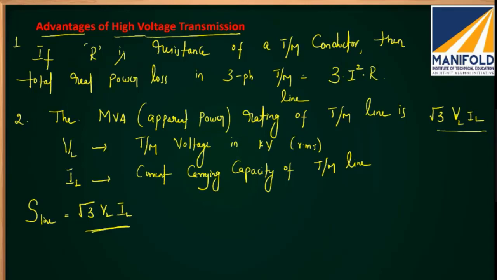Understand? Now, this implies the current capacity of a transmission line is given by line capacity divided by root 3 into transmission voltage.